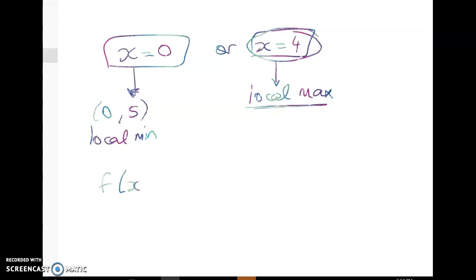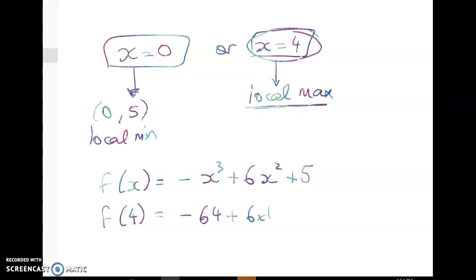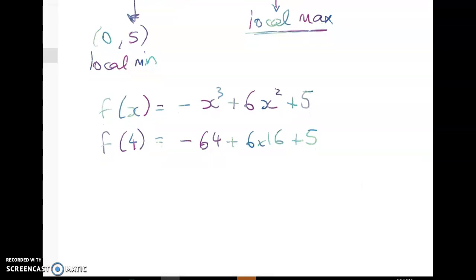We've found that f of x is equal to negative x cubed plus 6x squared plus 5. So when x equals 4, this function is equal to negative 64 plus 6 times 16 plus 5. Chuck that in your calculator and you'll get 37. So this is the value of the local max.